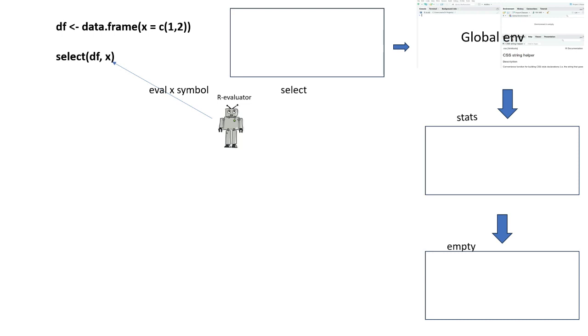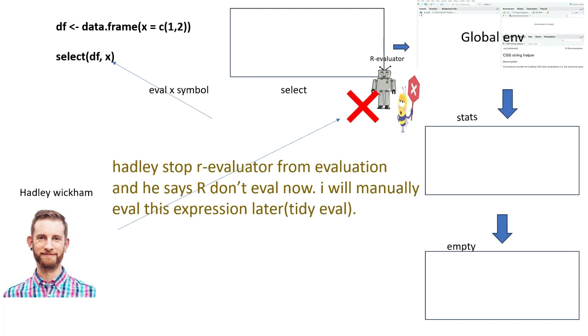But this time, as our evaluator goes searching for the meaning of the x symbol, Hadley stops the R evaluator from the evaluation, and he says that R, don't eval now. I will manually eval this expression later. So this is called tidy evaluation in the tidyverse world.